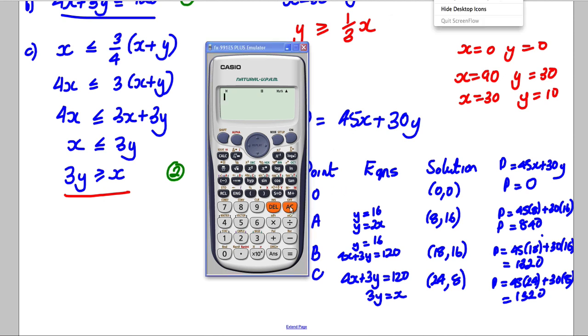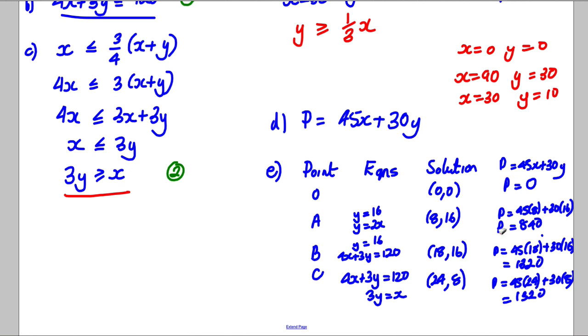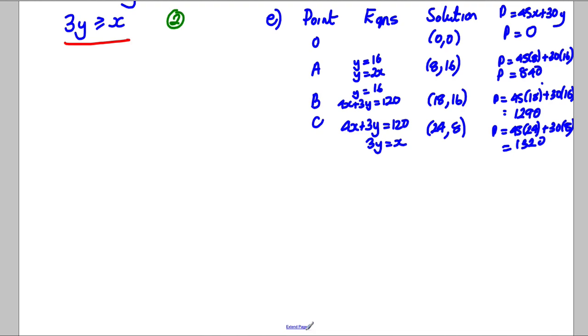Just thinking here, I think I've made a mistake on the previous one. 45 multiplied by 18, add 30 multiplied by 16 is 1290. This should have been 1290. I don't know why I wrote that. I realised that when two of the answers were the same. 1290, like that.